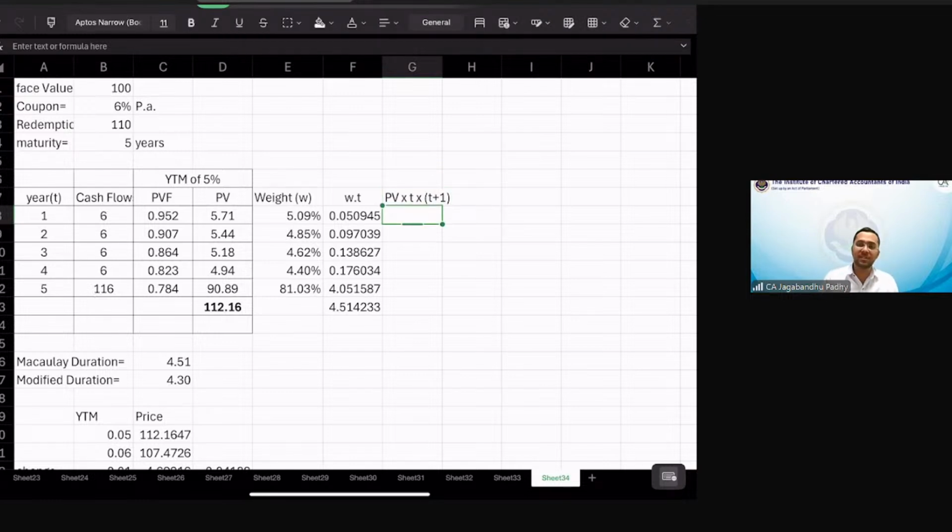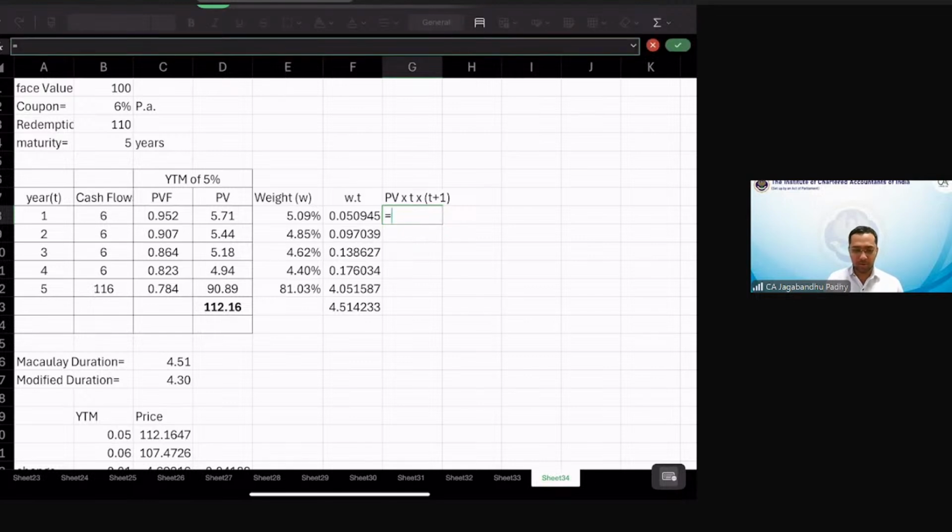I cannot derive this convexity formula for you because you won't be able to grasp it, because a basis of Taylor series or physics is required. Right now, we just have to accept the formula as magic. So we calculate the convexity by adding one more column to our table, which is present value into the time period into the time period plus 1.